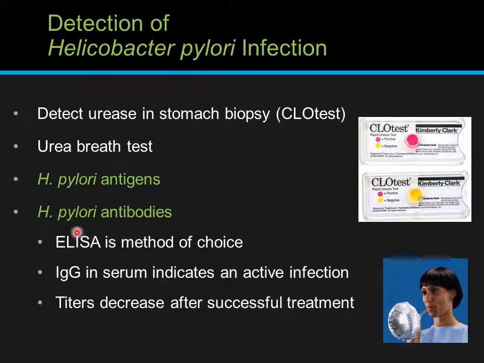And then we can use our immunologic test methods for testing for the antigens or the antibodies using ELISA. We can test for IgG in the serum. We can do sequential titers to monitor the efficacy of treatment.